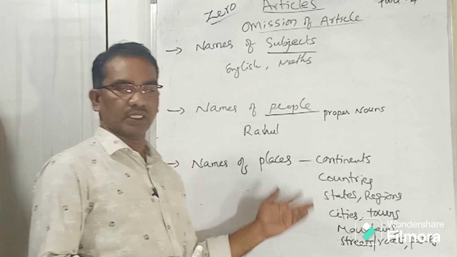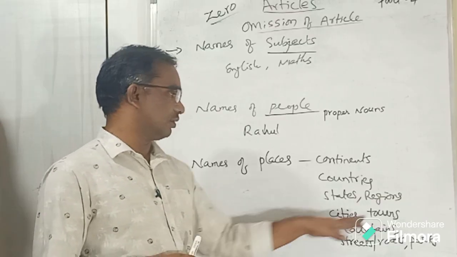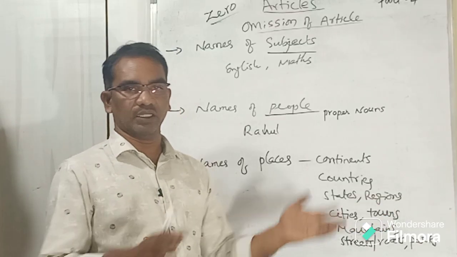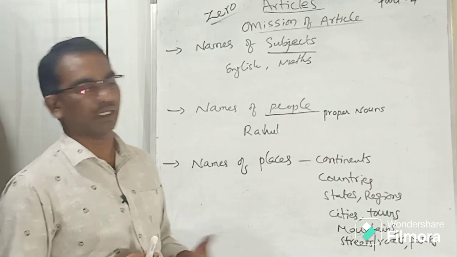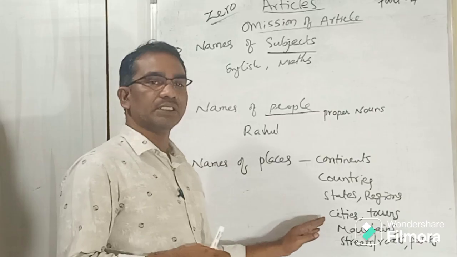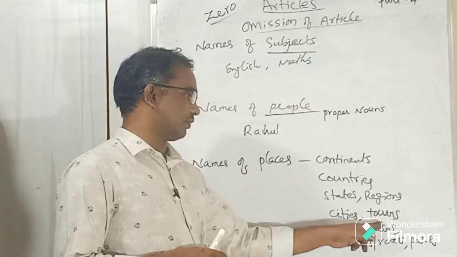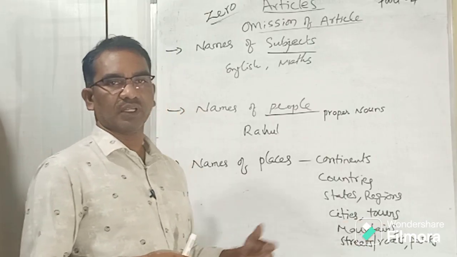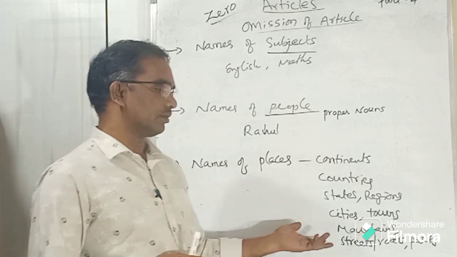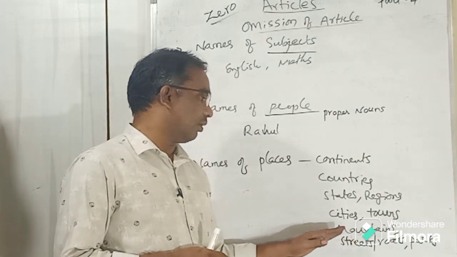States: Telangana, Andhra Pradesh, Tamil Nadu. Regions, so any area: Rayalaseema, Andhra, Telangana, etc. City names: Hyderabad, Chennai, Mumbai, no article is required. Towns also: Karimnagar, etc. So no article is required.